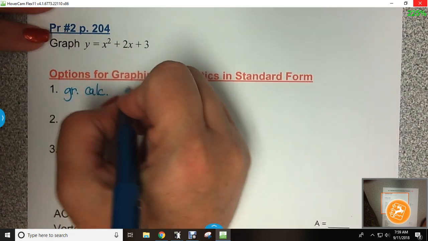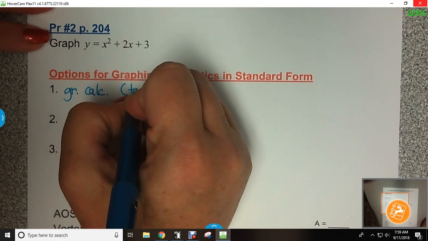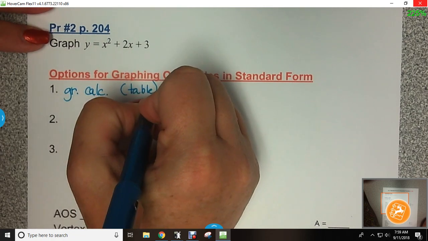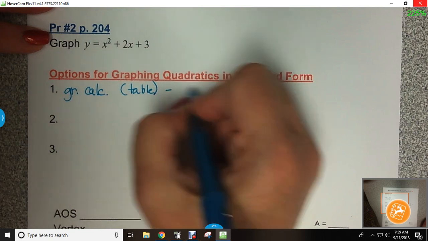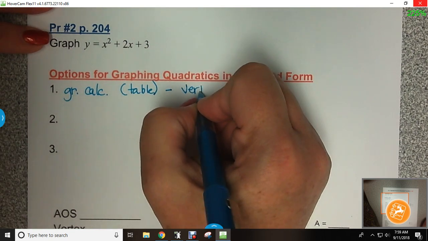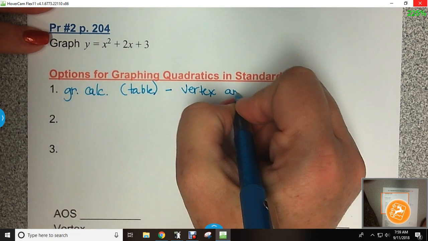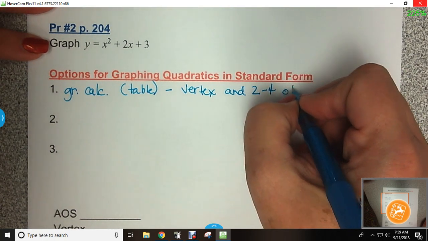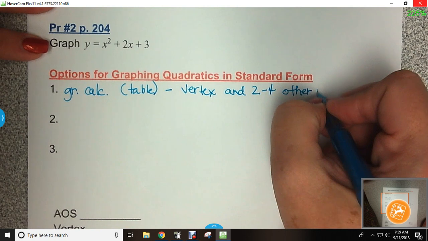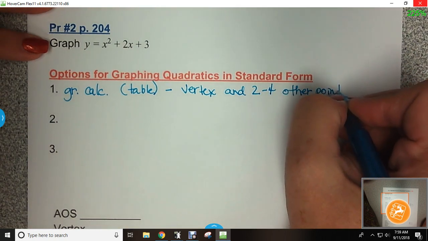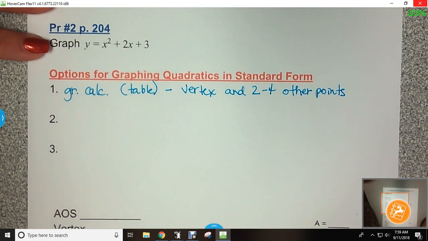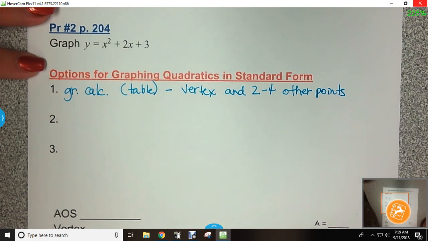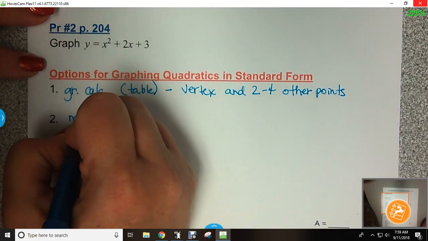So when you're looking at the graphing calculator, you want to look at the table. And what you're going to want to find from the table is the vertex and 2 to 4 other points. The other way to do this is to make your own table.